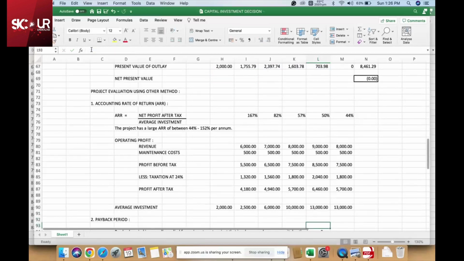So for year 5, we use the same average as for year 4. Okay, noted. Thanks.